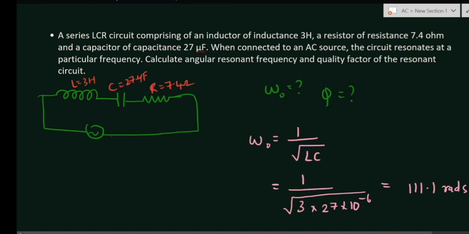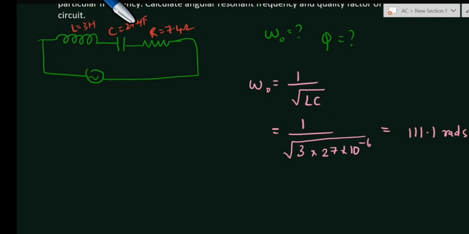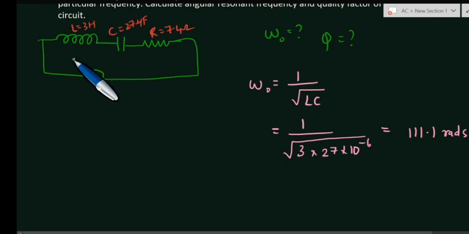Next they are asking what is the value of Q, that is Q factor. So Q factor formula I can use Q is equal to omega naught L divided by R. So there are 3 or 4 formulas for Q, any one you can use.